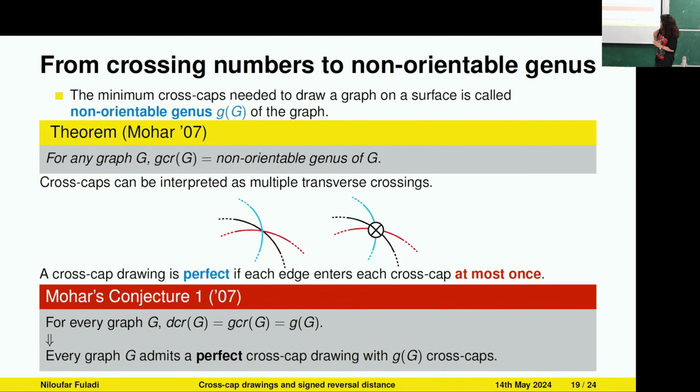So let's call a cross-cap drawing perfect whenever every edge enters every cross-cap at most once. And now Mohar's conjecture translates to this: every graph admits a perfect cross-cap drawing with exactly the non-orientable genus number of cross-caps. Are these equivalent statements? Yes, these two are equivalent.